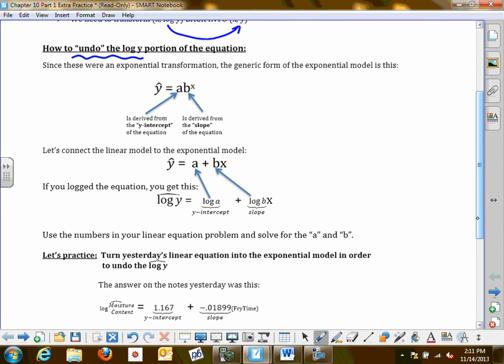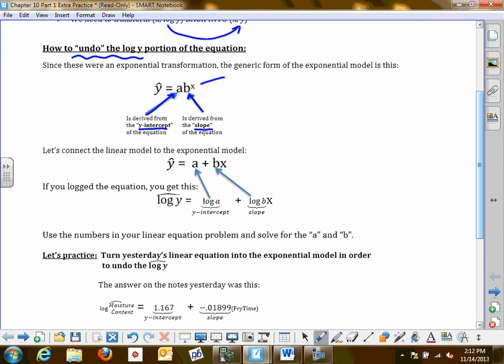So this is the exponential form, where you have the predicted y equals this a value. This a value is derived from the y-intercept in that equation that you found yesterday. And this base of the exponent is derived from the slope in the equations that you found yesterday.